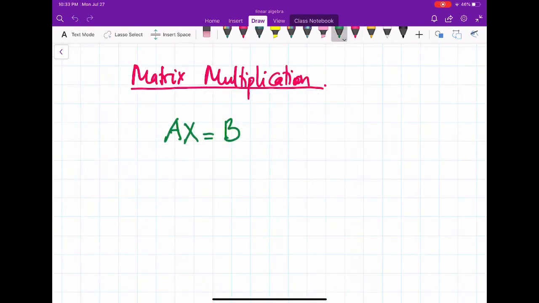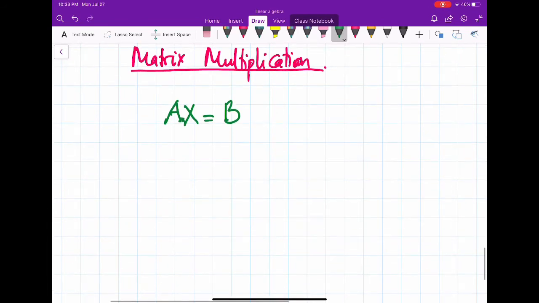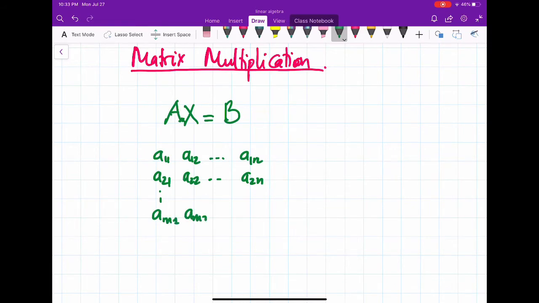Now let's talk about matrix multiplication. We have a system Ax equal to b. In this case, A multiplied with the x equal to b, right? So suppose that you have a11, a12, and so on, a1n, a21, a22, and so on, a2n, and am1, am2, and amn.